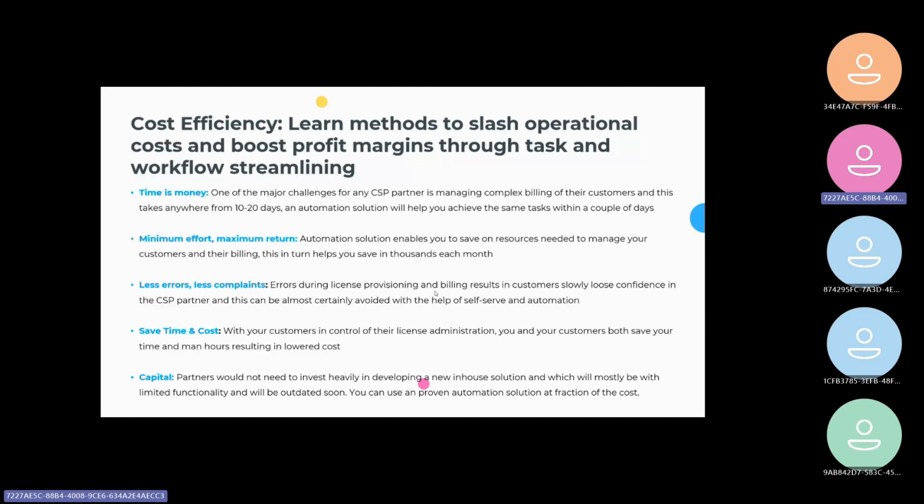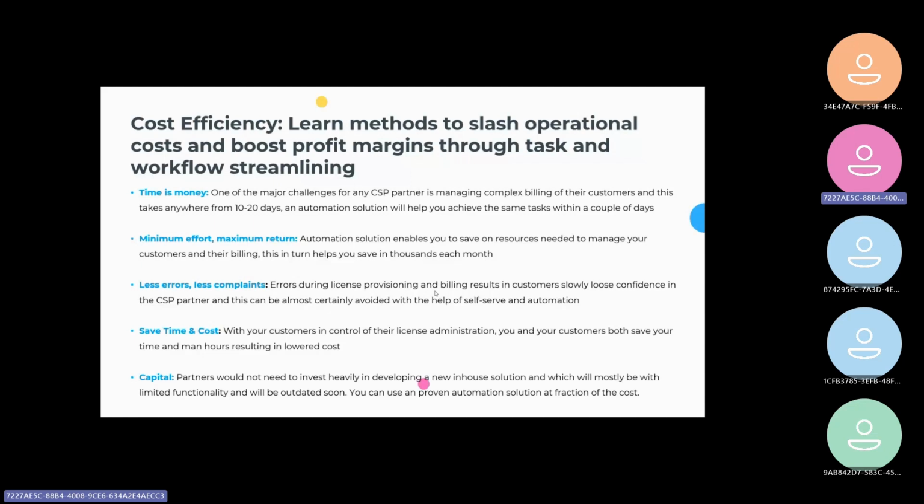That is exactly the stark difference from having a dedicated resource do that, which can even have some manual errors, whereas an automation system will take care of the whole process for you with just a few clicks. That is the reason why minimum effort and maximum return will always be provided to you by an automation solution.